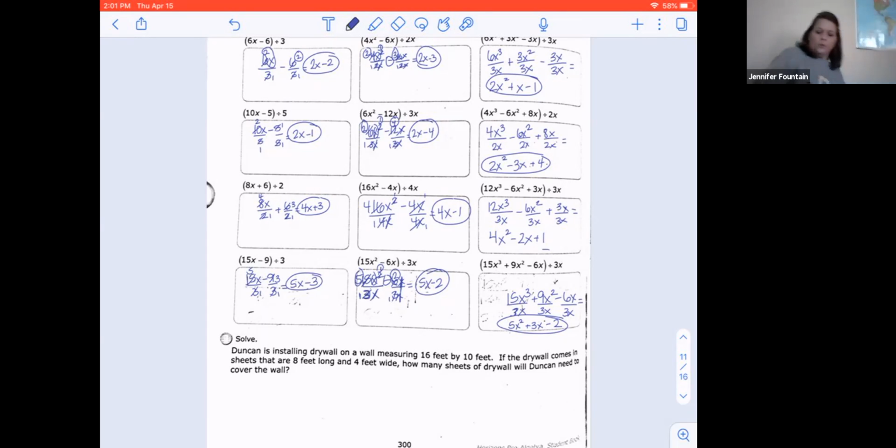Let me try to pull something up real quick and we'll practice a little bit more with these. That's one thing that I don't like about this book, is I don't feel like it gives us enough practice. Give me just a minute to find what I'm looking for on the computer.